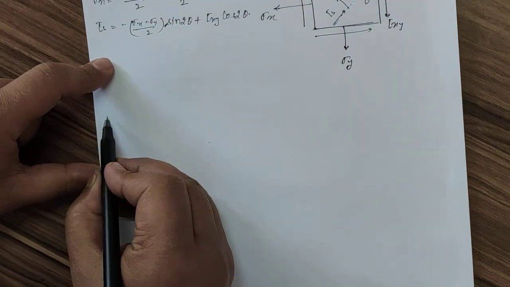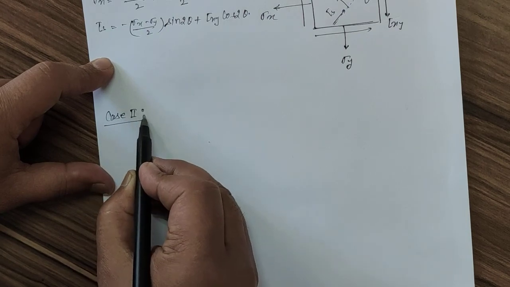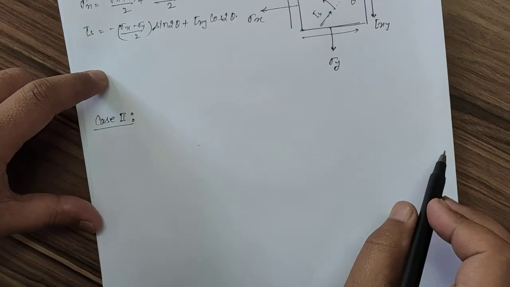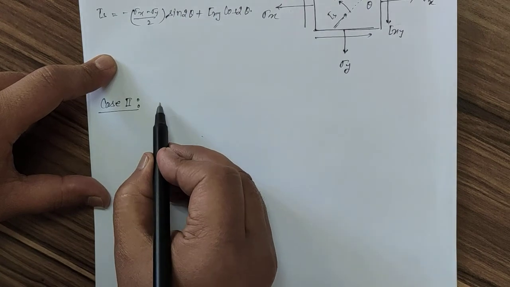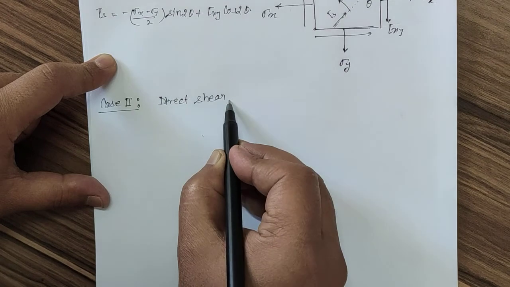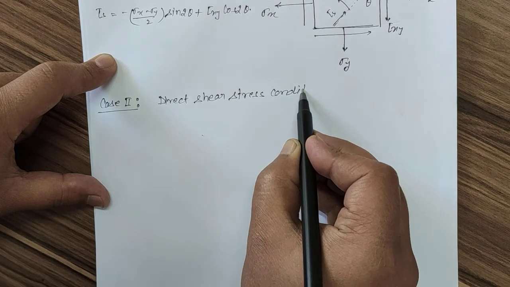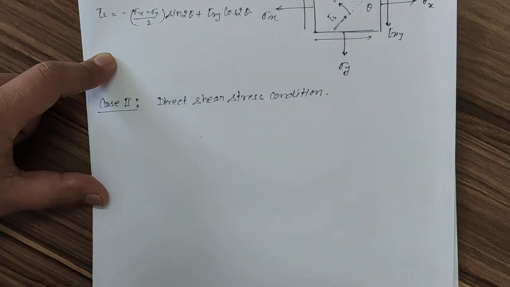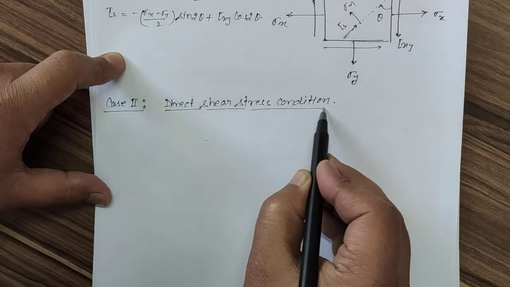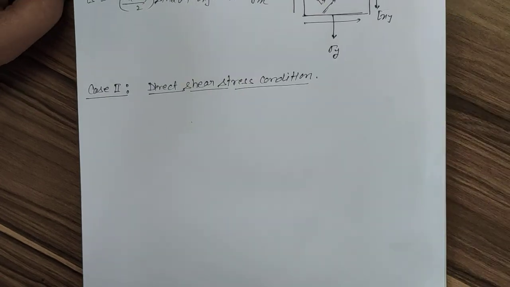Now we are having case 2, which is the direct stress condition. It means direct stress condition is nothing but unidirectional stress condition.